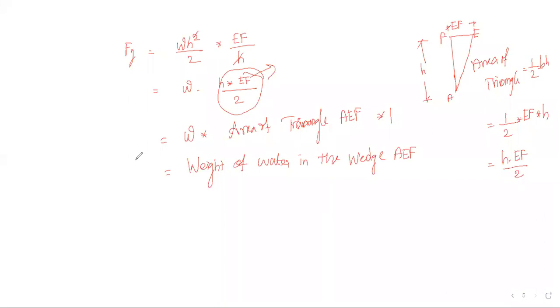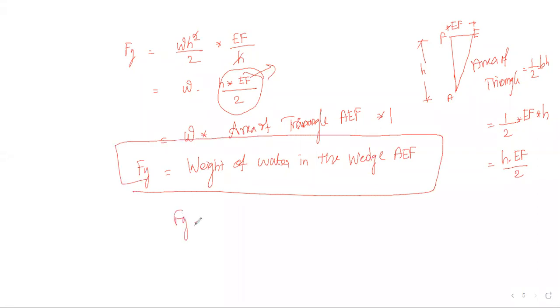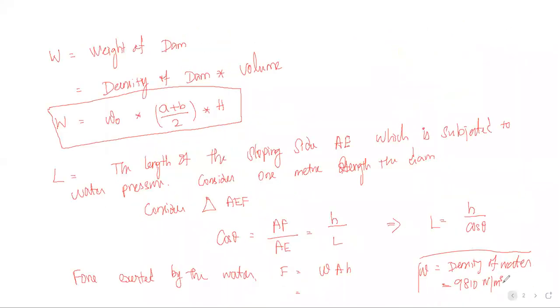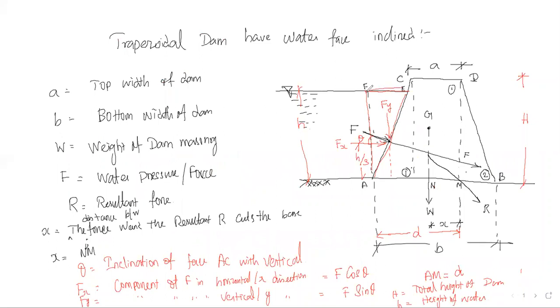So if they are asking for Fy generally, we can use the formula Fy is equal to density into H squared by 2 cos theta into sin theta. This formula you can generally use. So the total weight, that is Fy, is nothing but the total weight of water acting in this portion, that is this triangle.